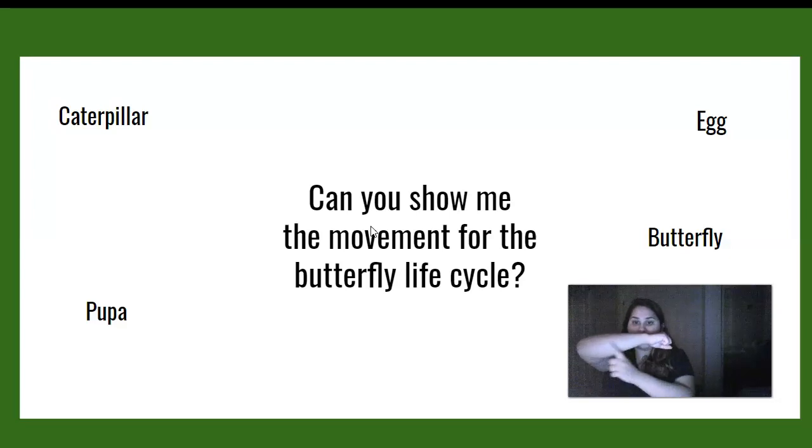Like a straight line? Awesome. I love it. Okay, what about the word butterfly? Did you flap your wings? You guys did amazing. Alright. What about the word egg? Just like that. Small, tiny little egg.